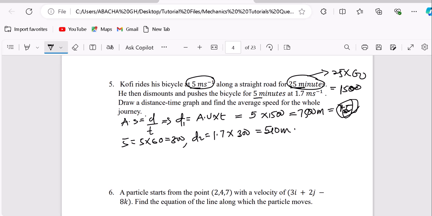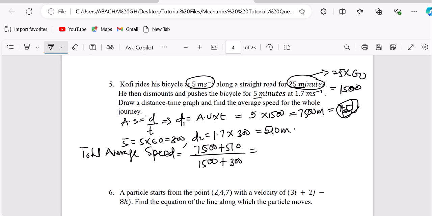So now we want to find the average speed for the whole journey. Let me write total average speed is equal to the total distance, which is 7500 plus 510, all over the total time, which is 1500 plus 300.